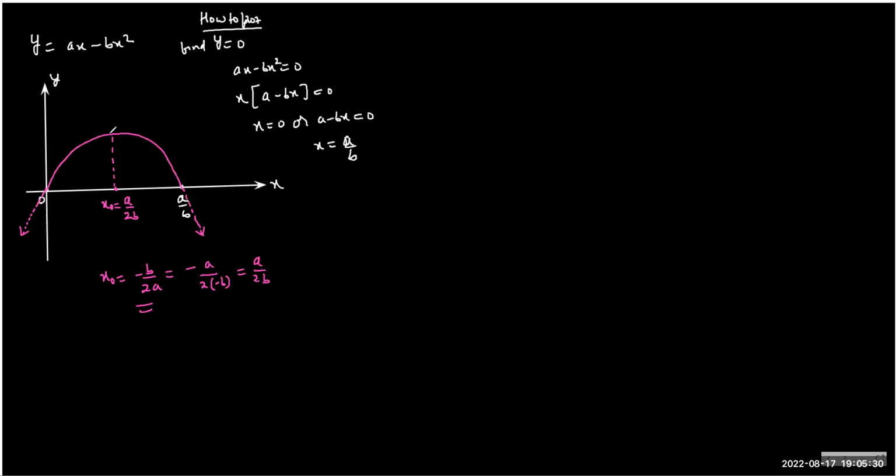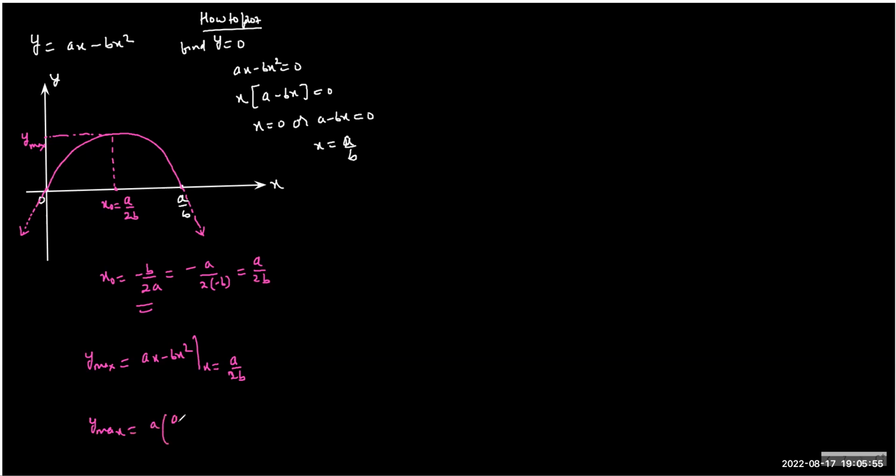Now, if I want to know the maximum height or this maximum y value, how to get this answer? What is the maximum value of y? So it's very simple. In the given formula, put x equals to the location where this is possible. So in the expression, substitute x equals to a by 2b.